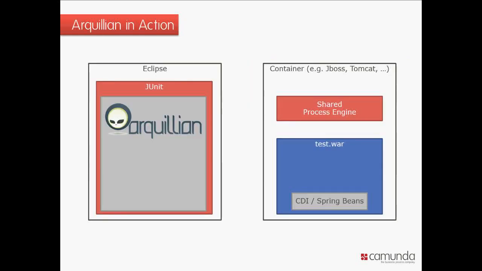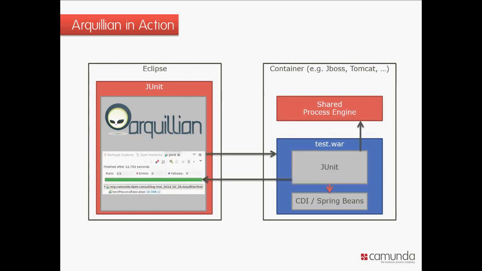So I wanted to show you a quick demo with Arquillian. What Arquillian does is actually really interesting. In your JUnit test in your Eclipse or NetBeans or whatever, you run the JUnit test, and it basically creates a small deployment, talks to your running application server like Tomcat or JBoss or whatever, deploys it there, including the JUnit test, and runs the JUnit test in the context of the server.